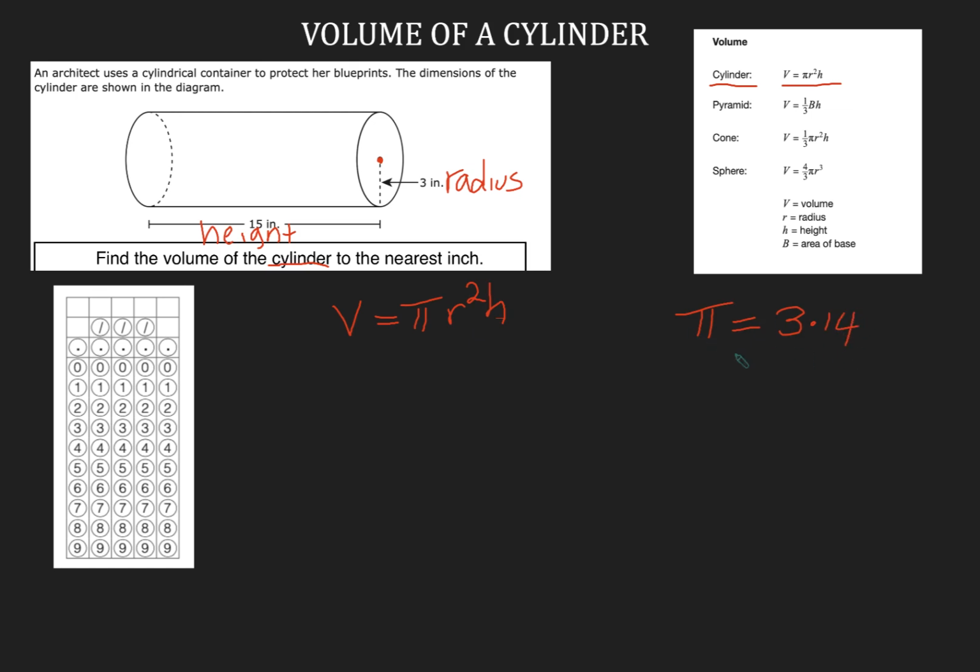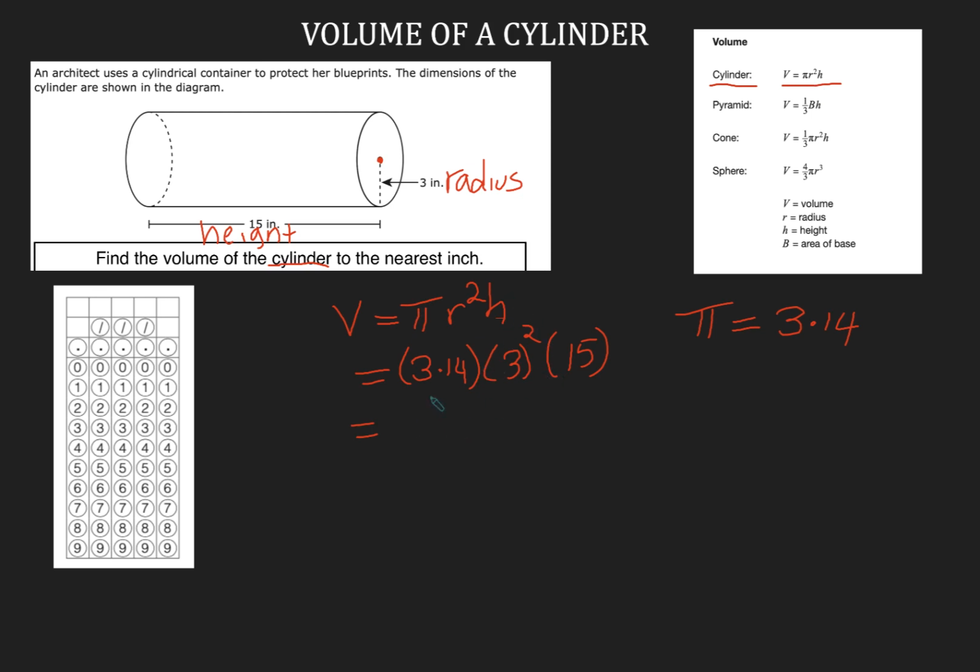So right here, pi is 3.14, your radius is 3 squared, and your height is 15. And that's it. Whenever they ask you to find a volume, just go to the reference sheet, find your shape, find the associated formula, and then replace all of the variables by their numerical value.